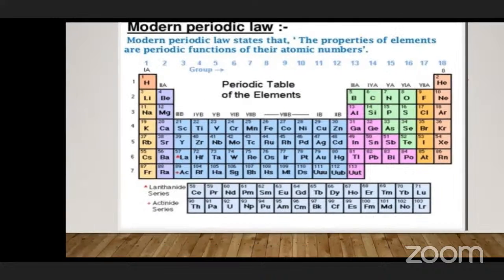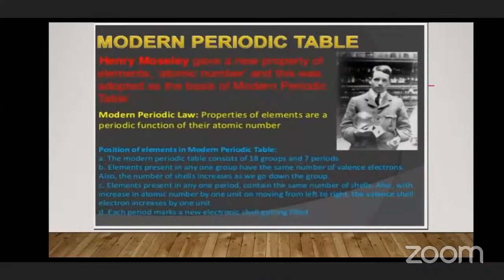This is the period. Next, each period marks a new electron shell.